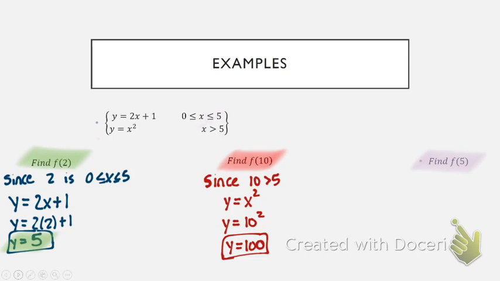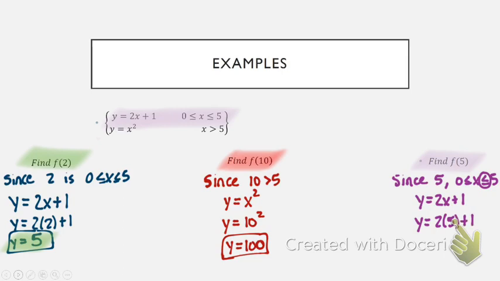It means x is less than or equal to 5. So since 5 is included in the first domain and not included in the second, I know the function I'm going to be using is 2x plus 1. Then I plug in 5 for x, and I get a y value of 11.